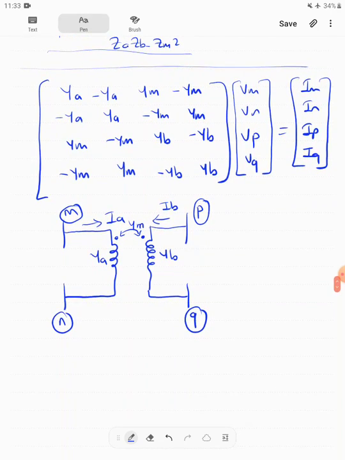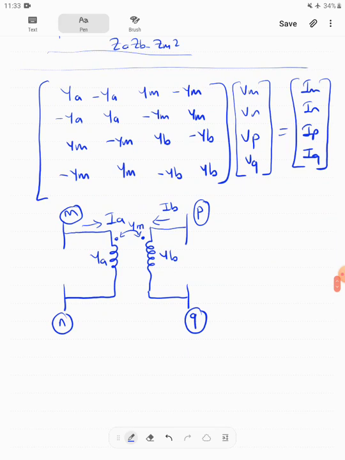Let me show you externally injected currents to these buses. This is IM. That's IP. That's IQ. And that's IN. Yes, we clearly see that external injected currents and branch currents can be written in terms of each other.